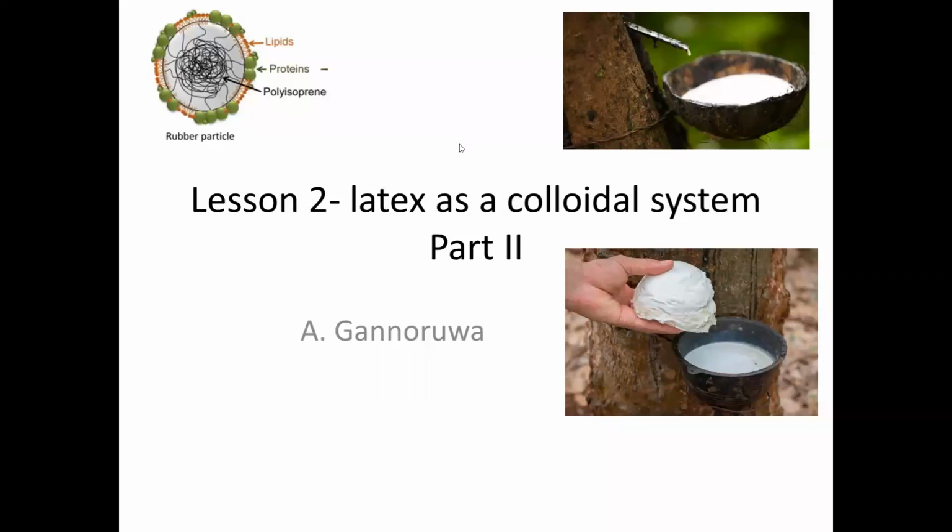Okay, now in today's lecture, we will be moving on from what we learned in the last lecture. If any of you can remember, what are sols, aerosols, foams?